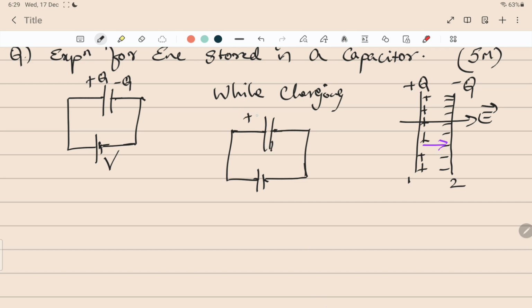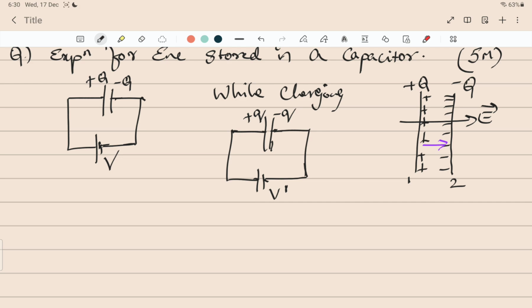Let us say the charge acquired is plus small q and minus small q, and the potential at that particular time is V dash. We are trying to find an equation for the intermediate situation, so that once we find how the charging is happening, we integrate to get the total work done.